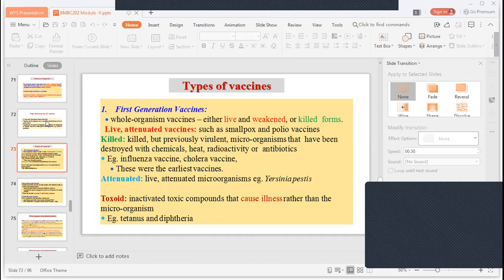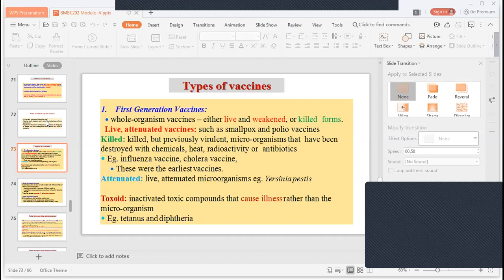The second form is the killed form. Mostly the virulent pathogen, the microorganism, is killed or destroyed by physical or chemical means. In physical means, you can use drying or irradiation, or you can use some chemicals or antibiotics to destroy the virulent form of the microorganism, and then you can use it.